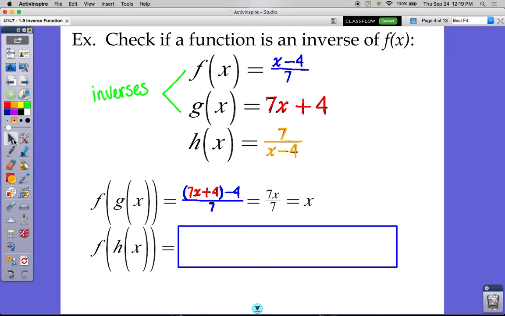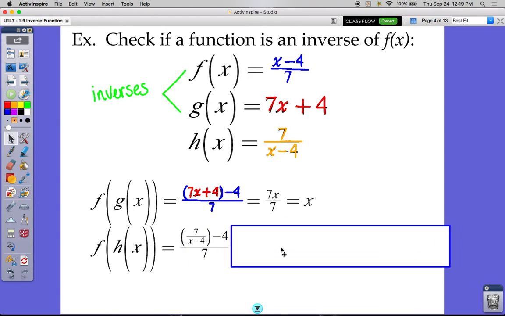So h of x is going to go into the f of x equation to replace only the x value. So here's all the things that are blue that's still part of f of x. And now h of x, which is the orange color, 7 over x minus 4, is going to go into the equation.